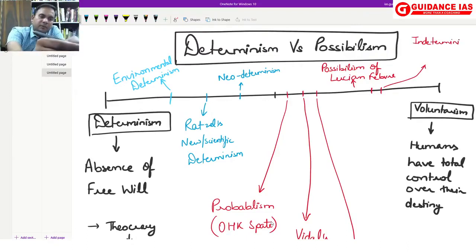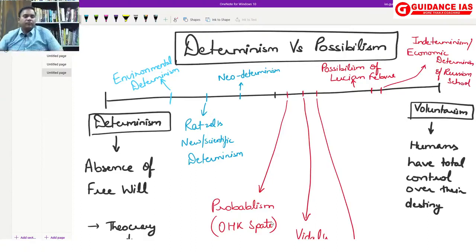indeterminism or the economic determinism of the Russian school. Okay.